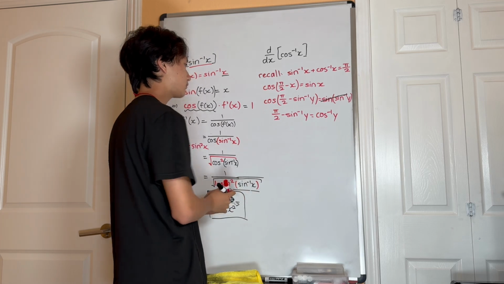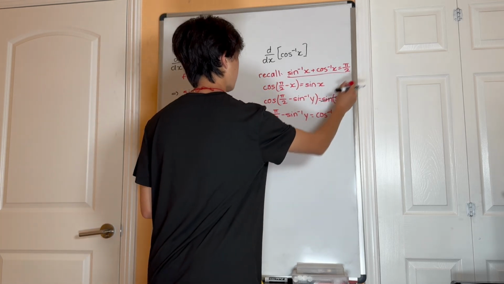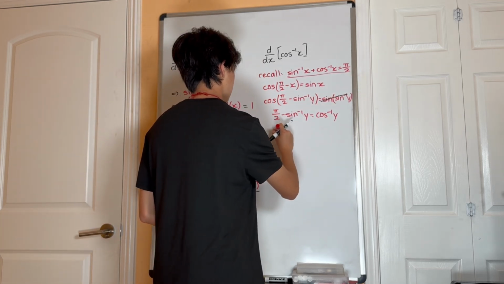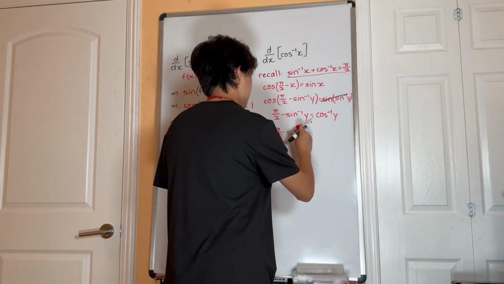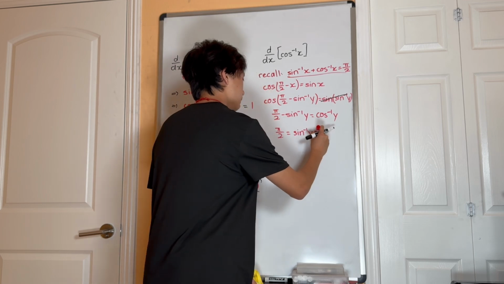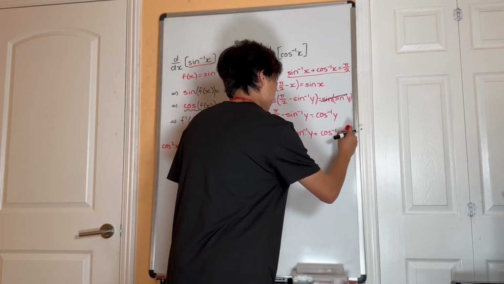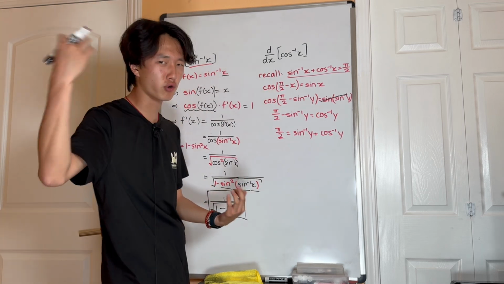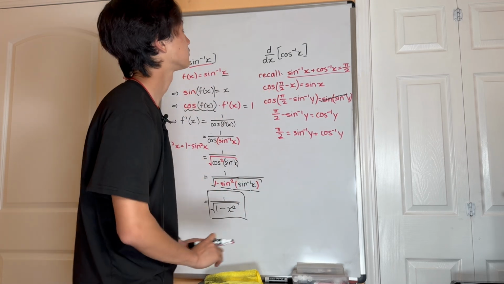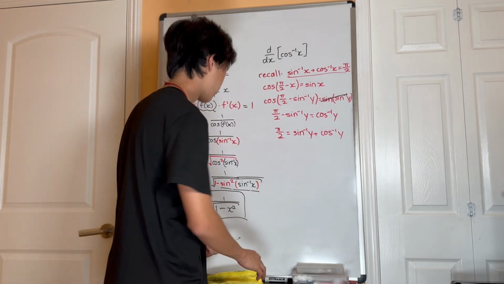Now, to get to this form right here, all we have to do is add inverse sine of y on both sides. So now you have inverse sine of y plus inverse cosine of y being equal to pi over 2. So that's the inverse cofunction identity. Think of it like that. Okay, so that's where it came from.